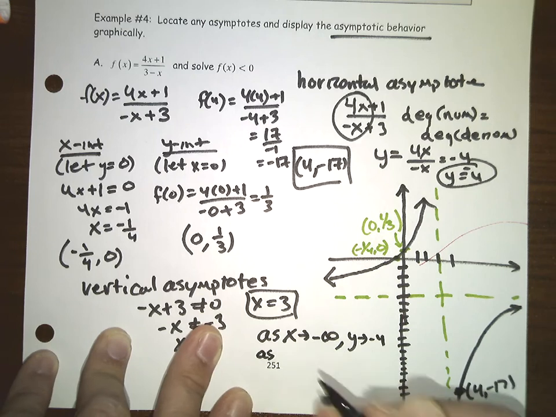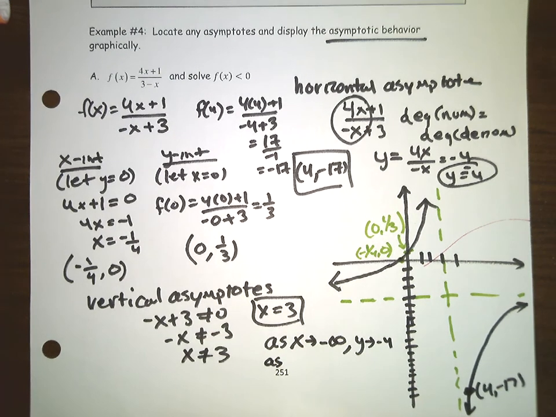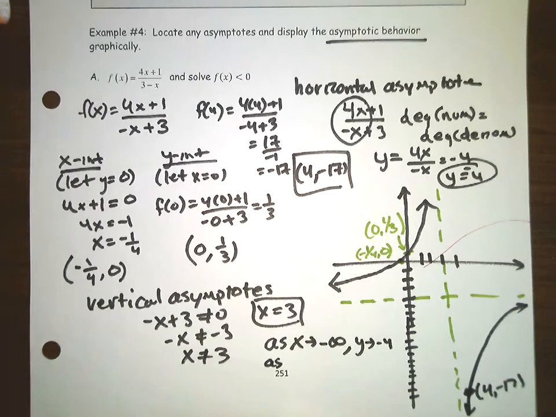Okay, so what are the other ones that we have here? I just want to make sure that we say all of them, all right? That's okay, we don't really need to say any more.